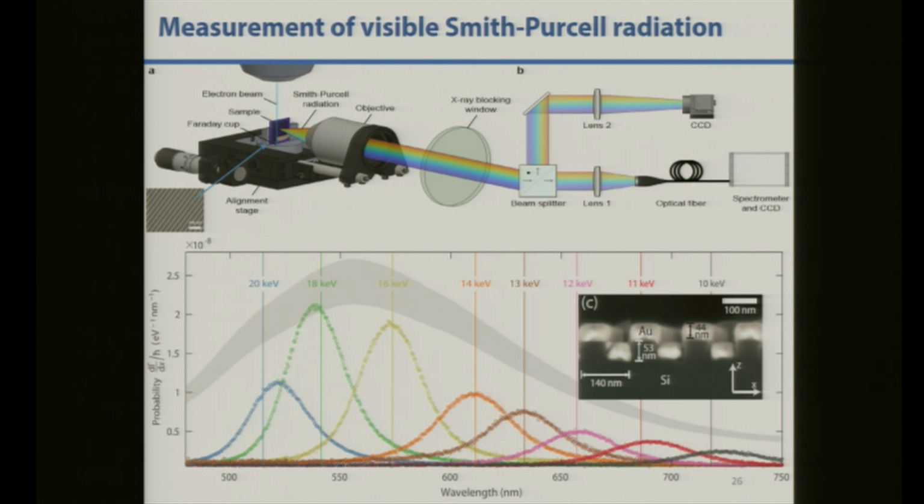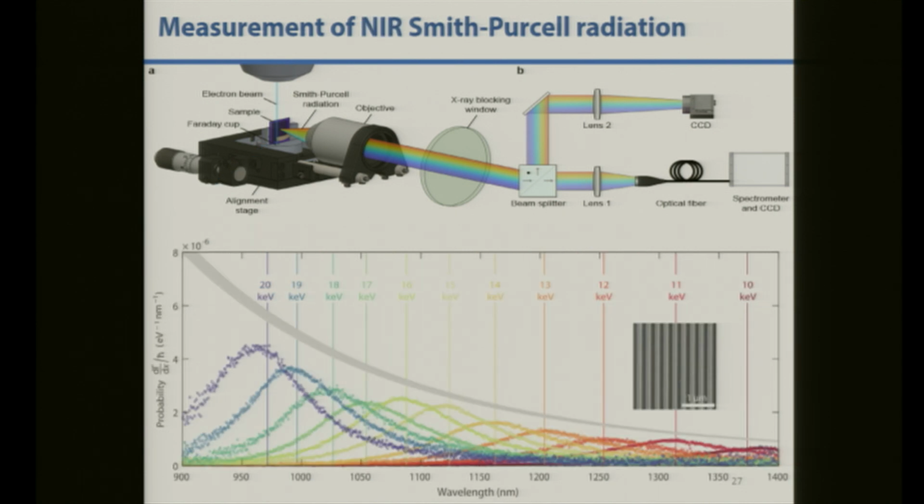And we do another measurement to confirm our prediction with a near-infrared measurement with a longer periodicity grating. And we find this time there's a monotonic reduction of the emission probability, again because of the reduced brightness of the electron gun, but there's no reduction for the larger electron energy side, which is because in this frequency window, the material response of both materials is quite flat.